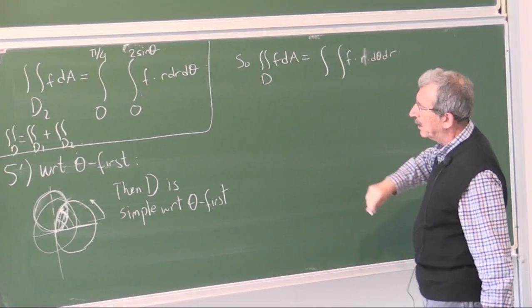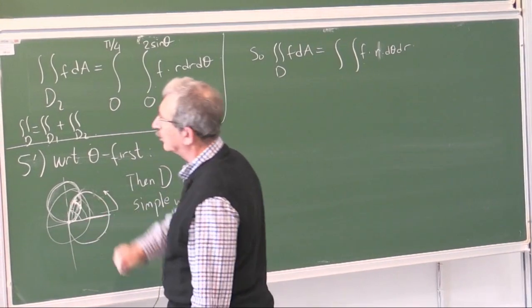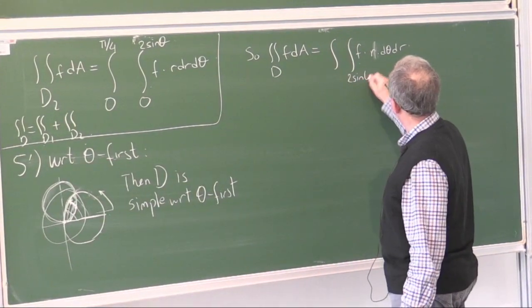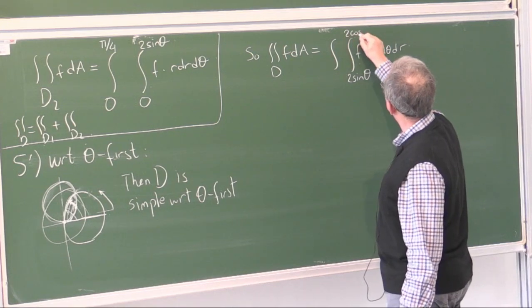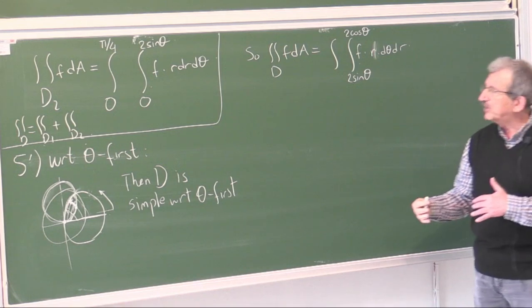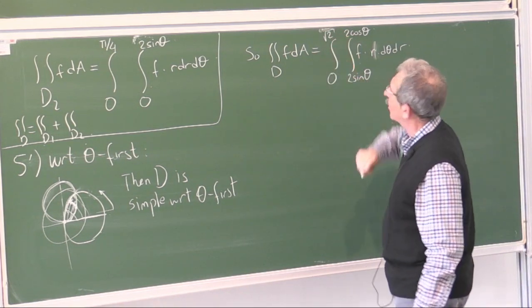And theta changed from, let me check, upper circle, which was 2 sine theta, up to the lower one, which was 2 cosine theta. In the meantime, r changed from 0 to square root of 2.